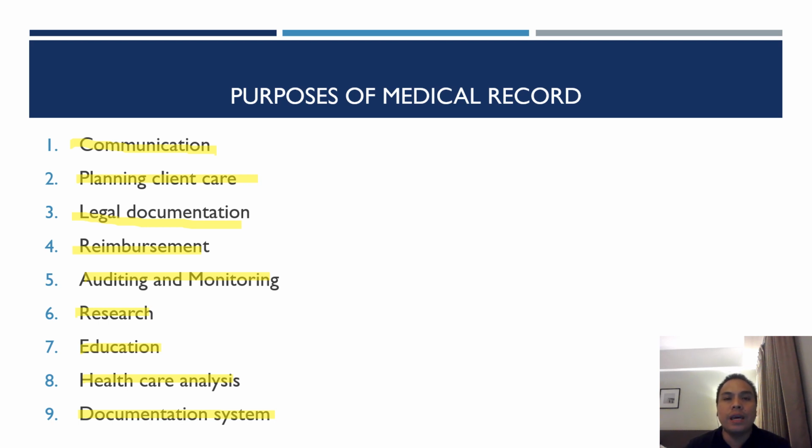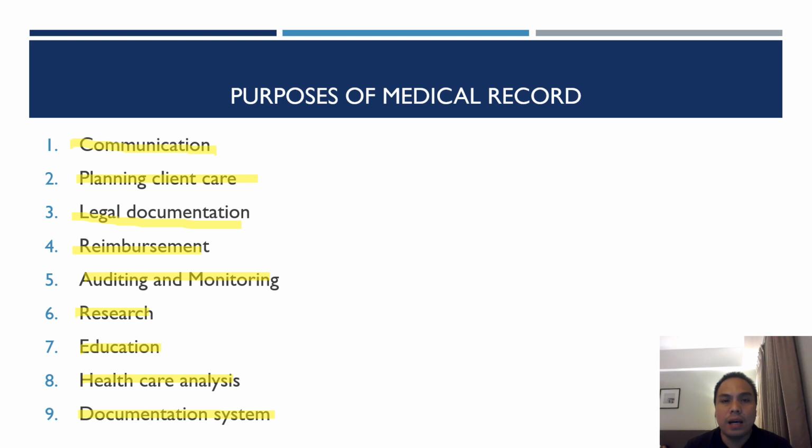And then when we say healthcare analysis, information from records may assist healthcare planners to identify agency needs such as overutilized and underutilized hospital services. Records can be used to establish the cost of the various services and to identify those services that cost the agency money and those that generate the revenue.